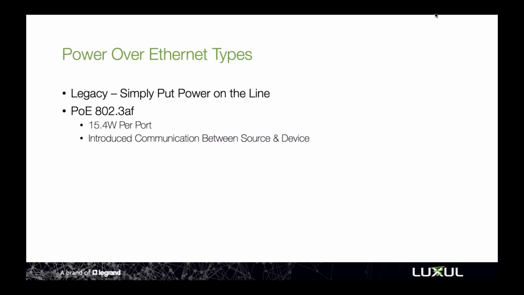Now that same person comes along and unplugs that end device and plugs it into their laptop, and that same communication now happens. And the laptop says, hey, I'm over here, but I only need data. I don't need any power. And so the switch or the injector says, okay, fine, no problem. I'll just send you data. And so it became a smart auto-negotiating system, and it works really, really well.